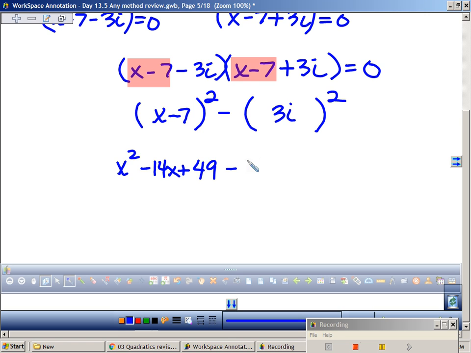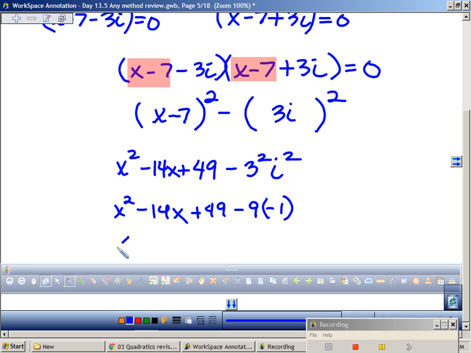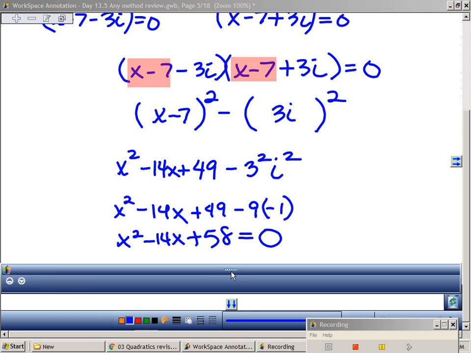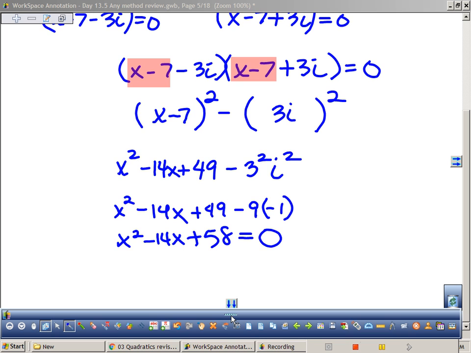And then minus 3 squared and i squared, which makes x squared minus 14x. I kept putting the 0 on that side. I should do it on that side. Plus 49 minus 9 times negative 1. So this is going to be positive 9, and 49 plus 9 is how much? 58. And that's my quadratic equation for that one, for these groups.